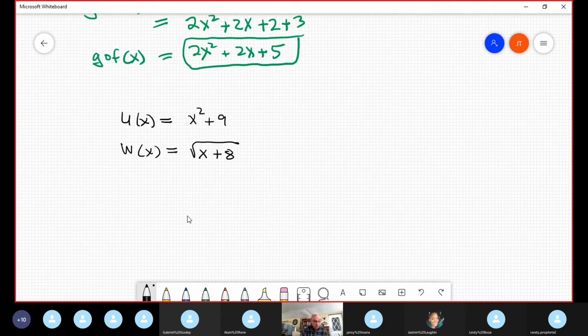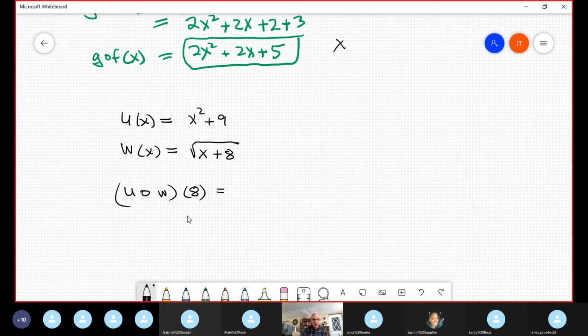I need to compute U composition W evaluated at 8. In the previous example I did it using x, an arbitrary value. In this case, it's a numerical value.